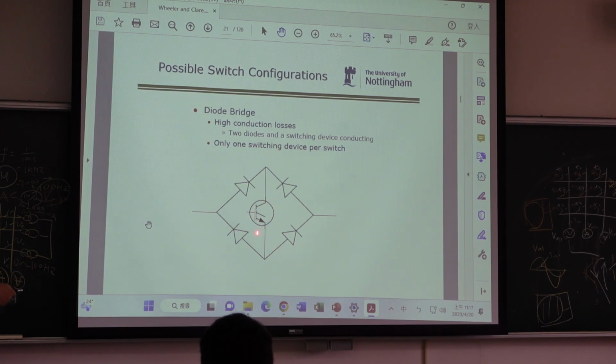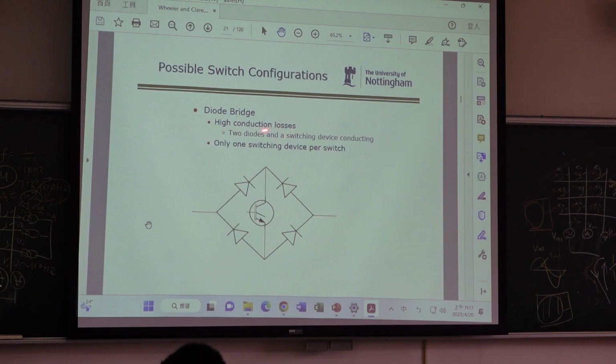So you can see 1 IGBT voltage drop plus 2 diode voltage drops. 1 diode 2 volts, 2 diodes 4 volts. So it creates loss. So this is conduction loss. So you have high conduction loss. But you only use 1 switch. So the circuit is cheap because the diode is cheap.